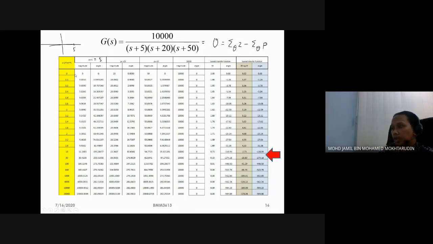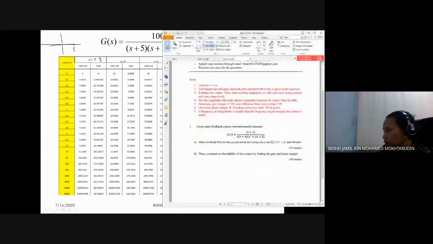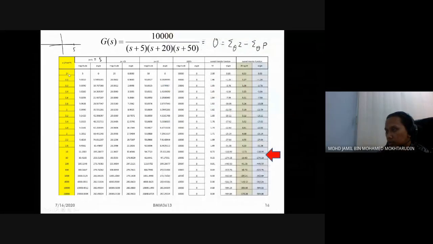Usually in a question, let's say in your quiz, you are given certain values of omega to use for your calculation. Usually the question will give you the value of omega. But in this example, it just wants to show the value of magnitude and phase for different omega.